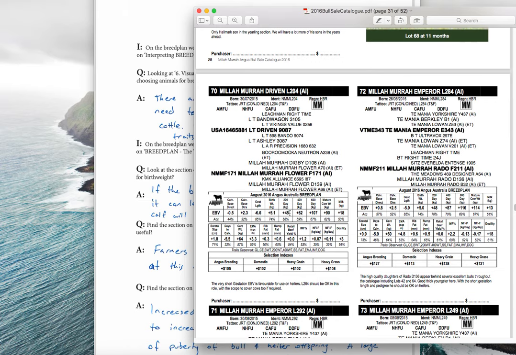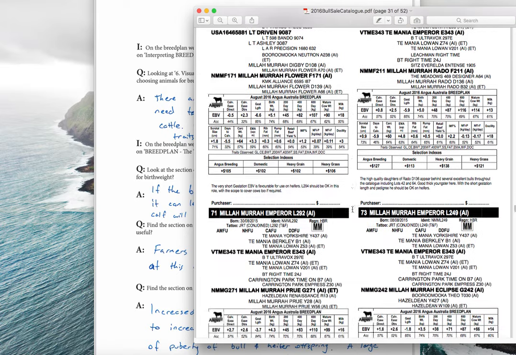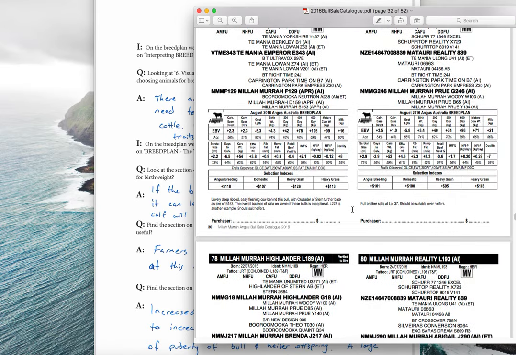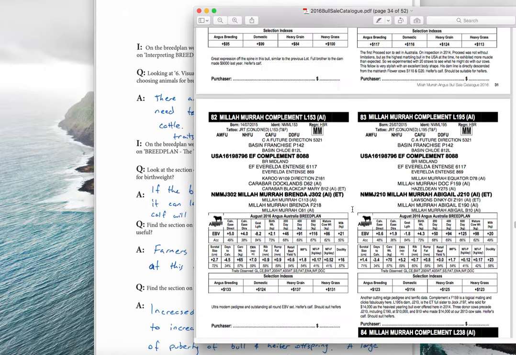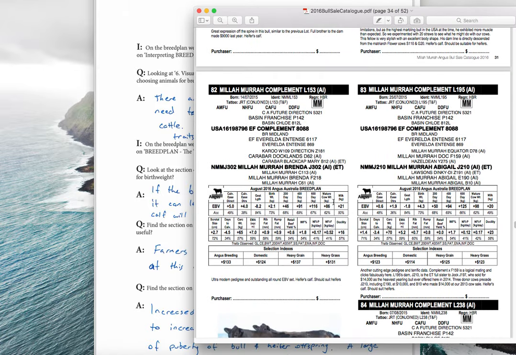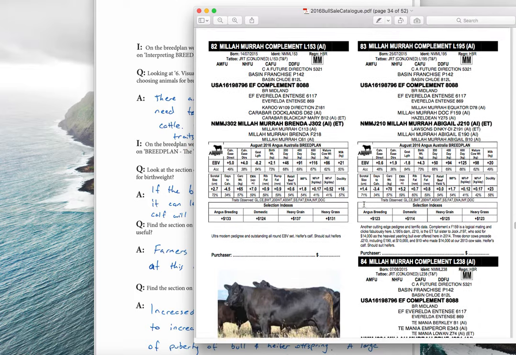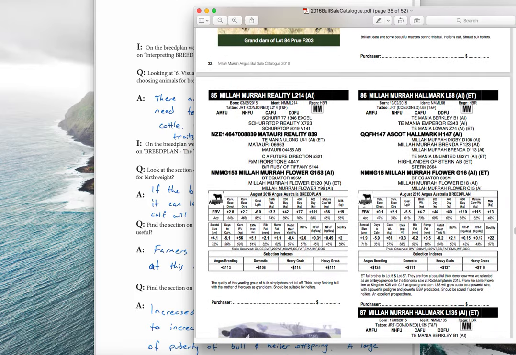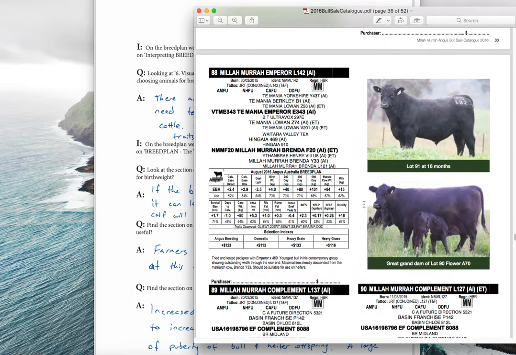They might say, okay, I really have to improve milking volume in my herd this year, and so they might scroll through here and find the one with the best milking volume, and it looks like, oh, here's a good one here, plus 21, plus 20. So you can see that they would scroll through here and look for the ones that they're most interested in based on their milking volume.